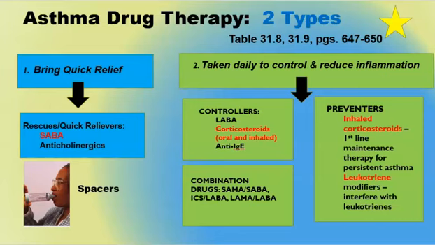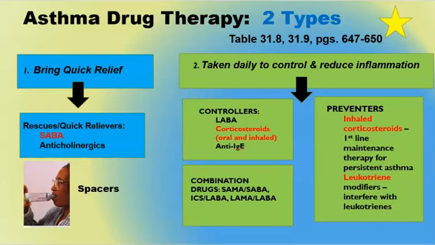Those are the quick-acting anticholinergics, okay? Number two, you have those medications that you're taking on a daily basis to control and reduce inflammation, okay? Long-acting corticosteroids, inhaled corticosteroids, okay? Maybe a combination of different steroids, okay?